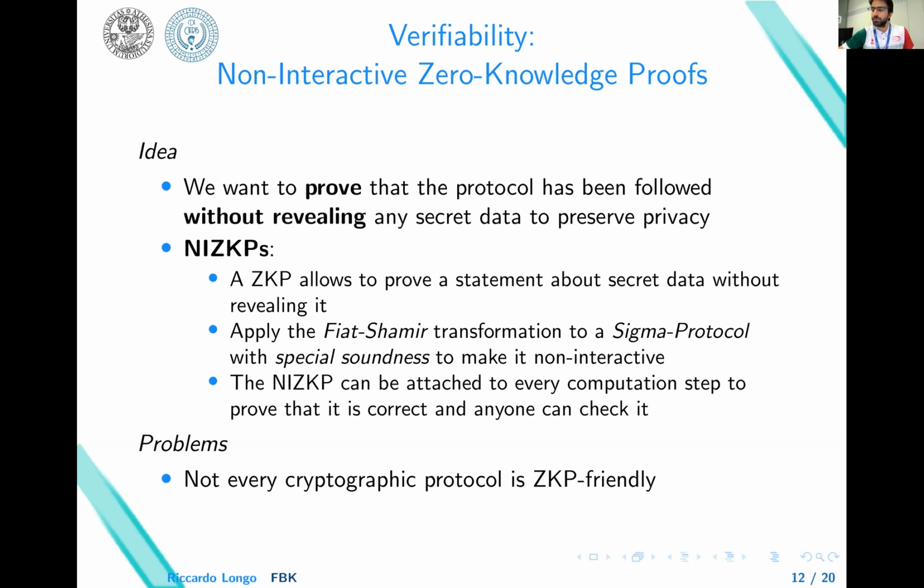Basically, what we want to do is to prove that we have followed the protocol, but we have a lot of private data that are involved in the protocol. For example, we do not want to reveal the actual content of the vote. We just want to prove that we have cast a valid vote, so that all the conditions that we saw before are respected.